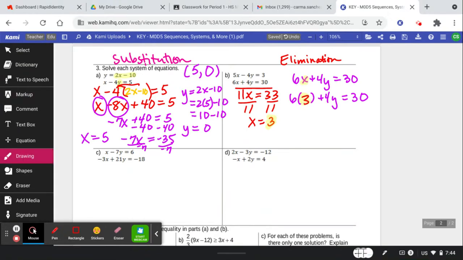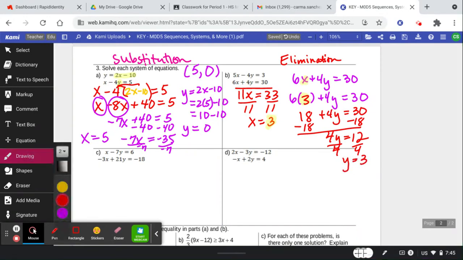And now we're going to go solve. 6 times 3 is 18. Let's minus the 18 from both sides. Divide by 4. And so we got that x is 3 and that y is 3. So our final answer we put together in coordinate pair as 3, 3.